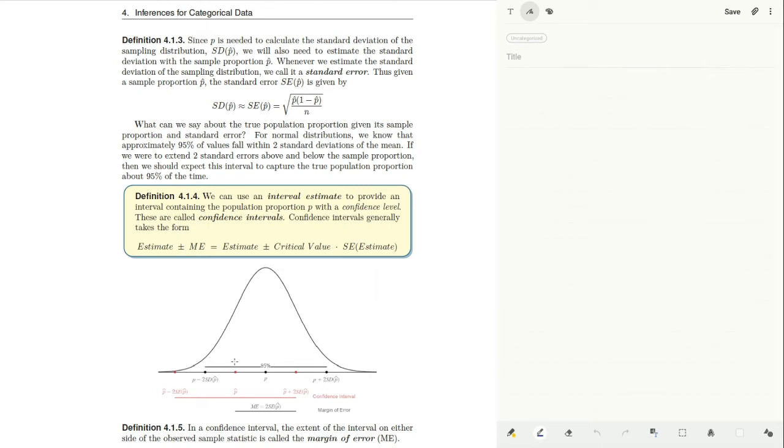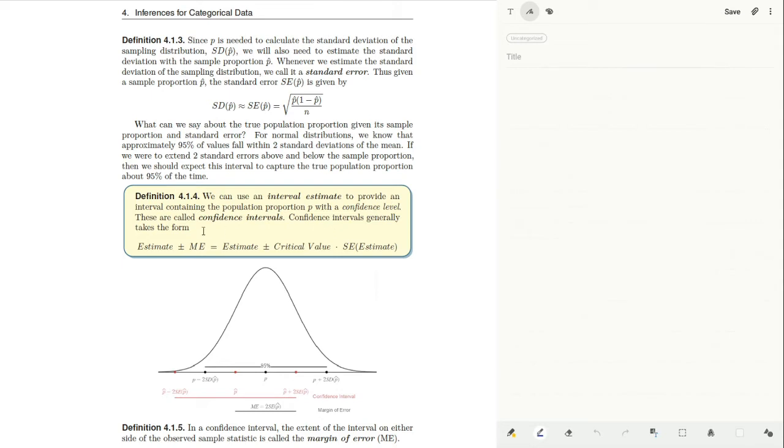If we were to extend two standard errors above and below this sample proportion, then we hope that this interval will capture the true population proportion. And so we can use an interval estimate to provide an interval that contains the population proportion p with a confidence level. And this interval is called a confidence interval.